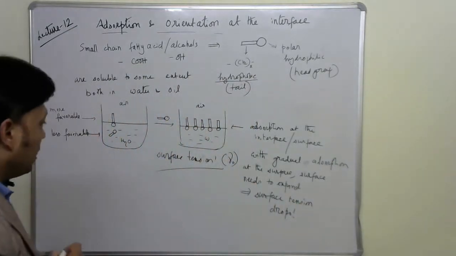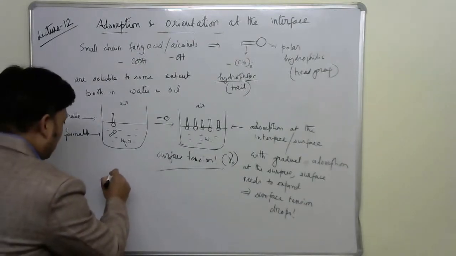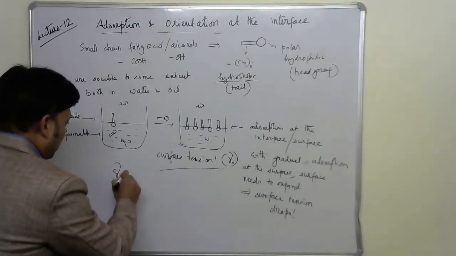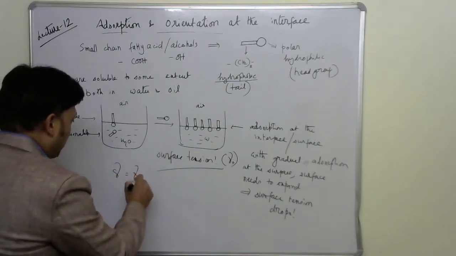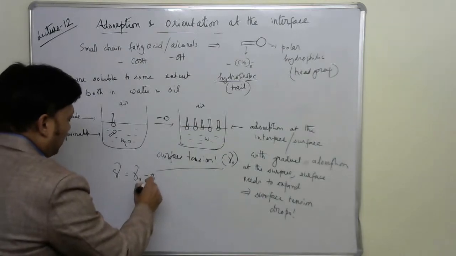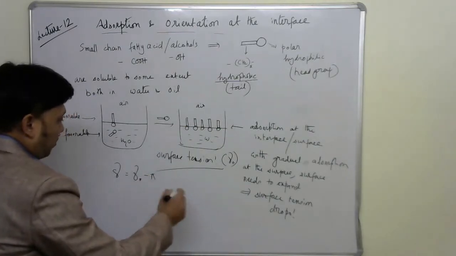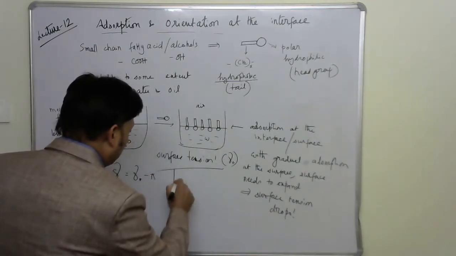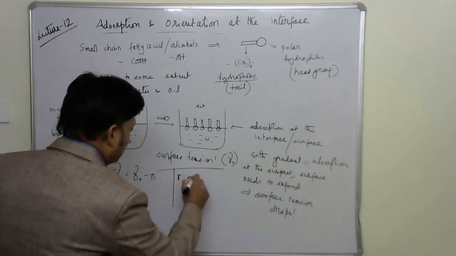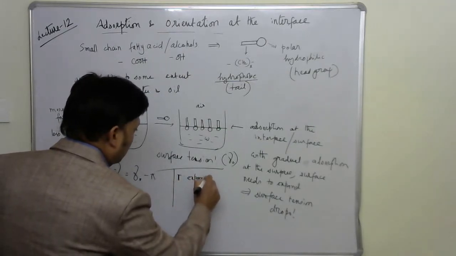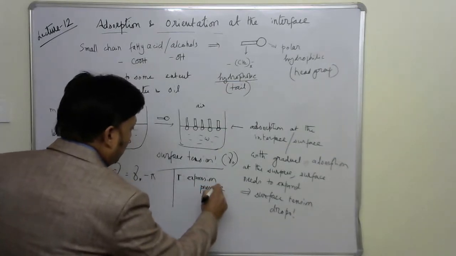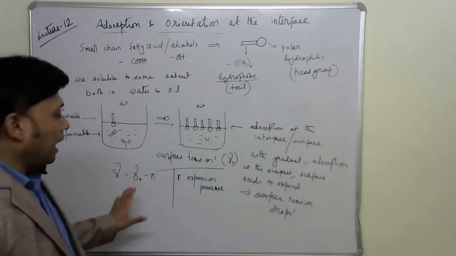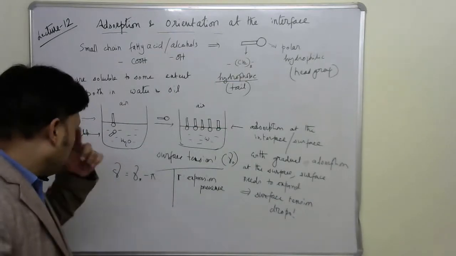All right. So therefore, we can write an equation: gamma, the observed surface tension of the system, is equal to gamma naught minus pi. Pi is simply called the expansion pressure. Okay. It has the same unit as the surface tension.